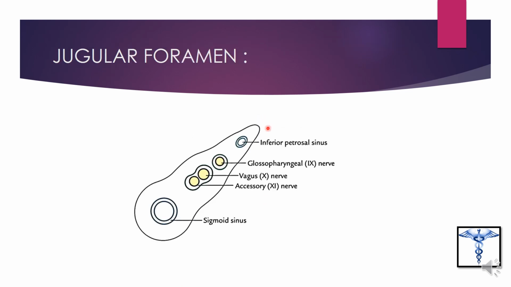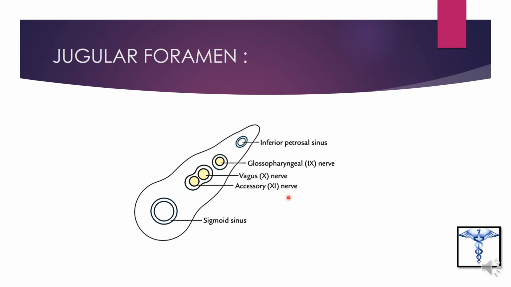Here you can see, anteriorly to posteriorly. This is the jugular foramen, right? First, anteriorly it transmits the inferior petrosal sinus. Now the very important thing, look here, this is the only foramen which transmits 3 nerves.